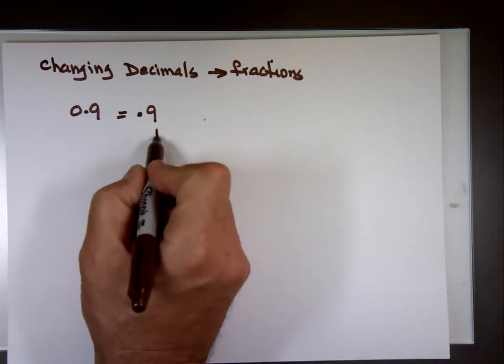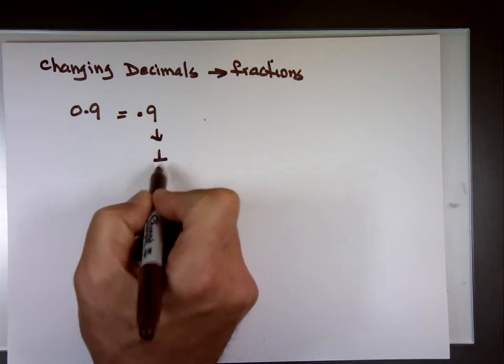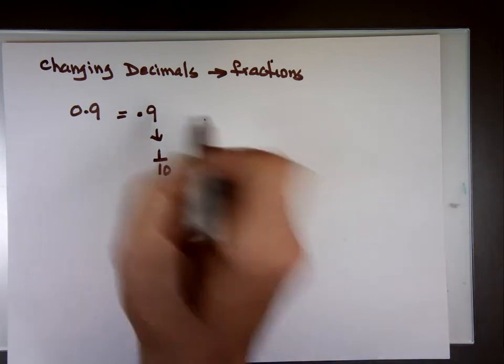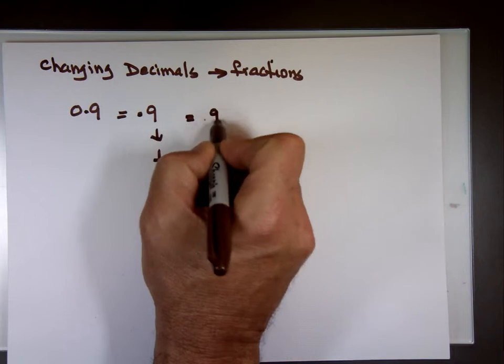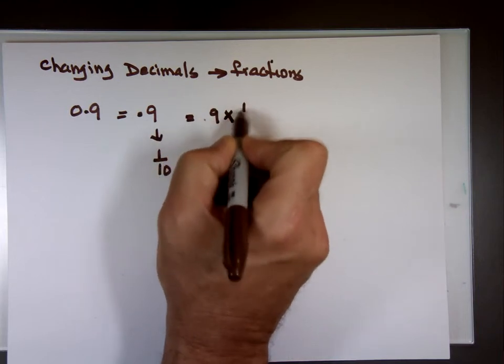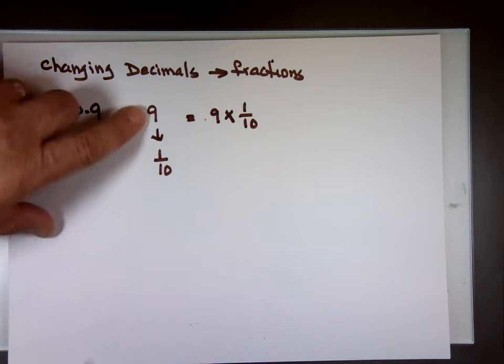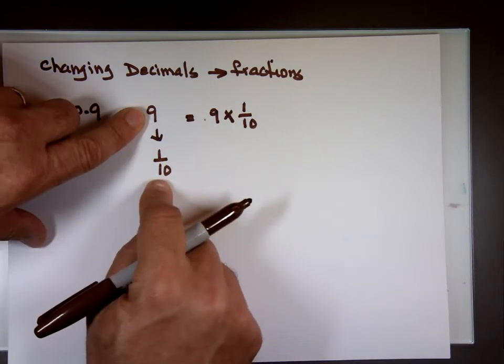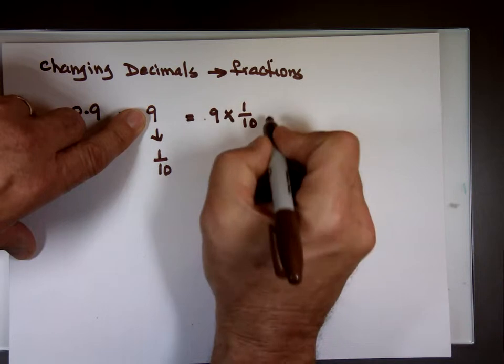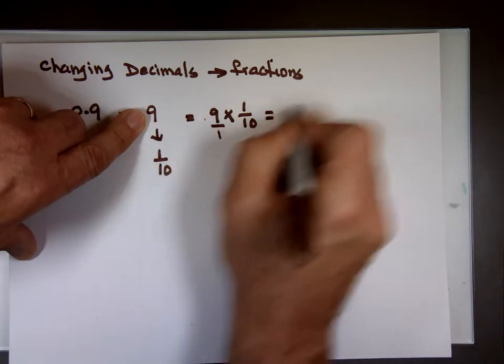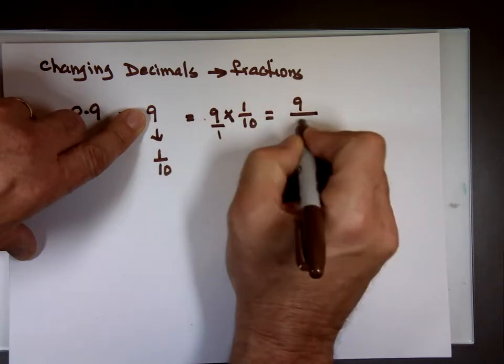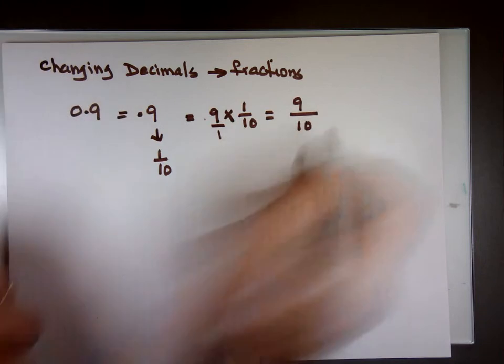The weight of this location is 1 out of 10. So the value is 9 times 1 over 10. The digit is 9 and the weight is 1/10. How do you multiply fractions? This is over 1. The top times the top, the bottom times the bottom. So 9 over 10.